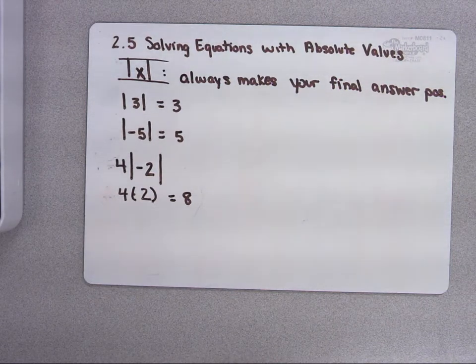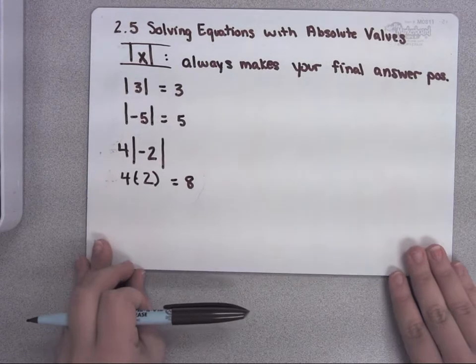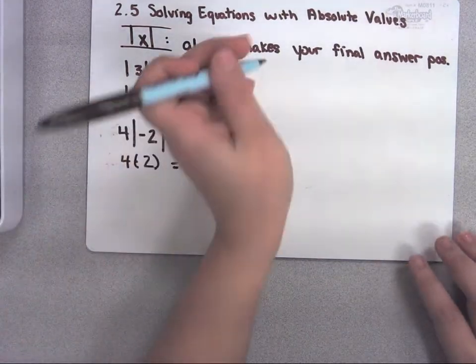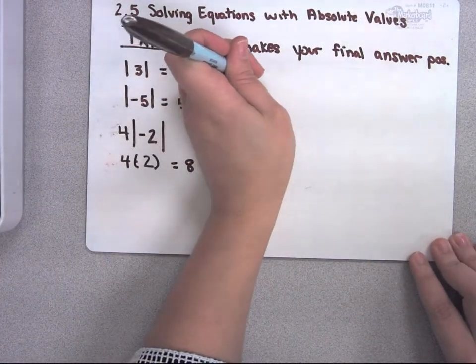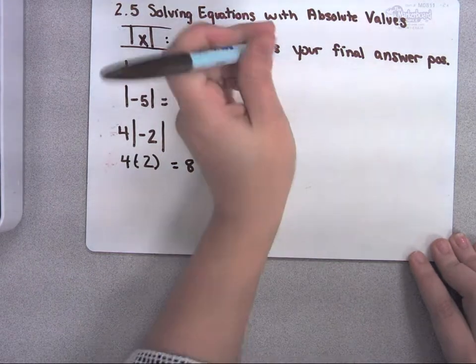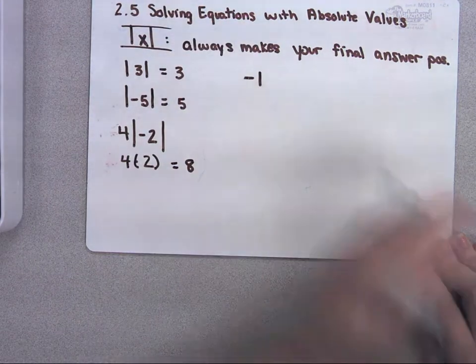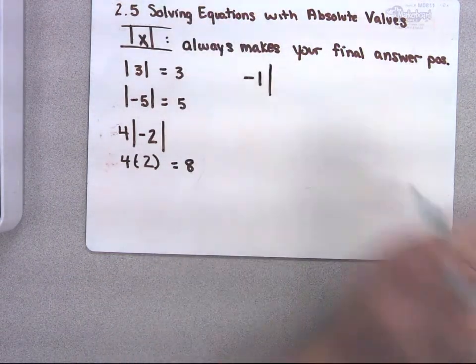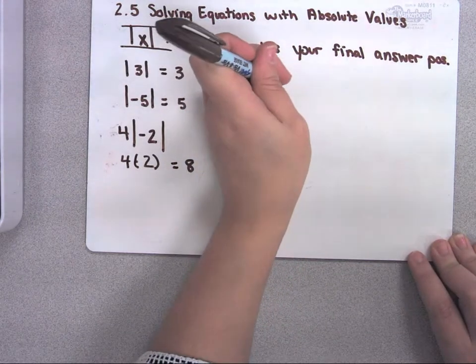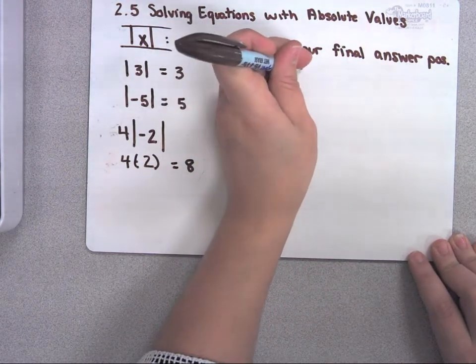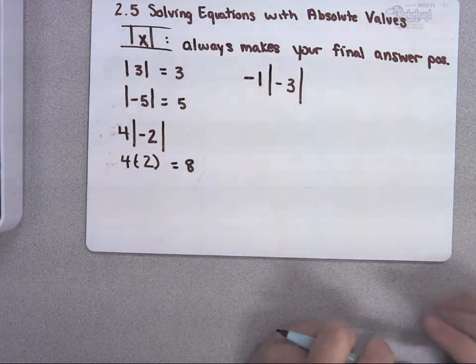Making sense? Okay. I'm going to throw a little negative wrench at you. I'm going to scoot this way. What if I say -1 times the absolute value of -3?